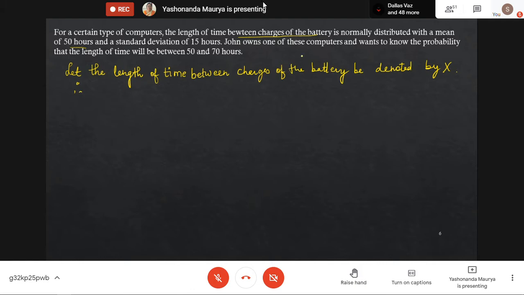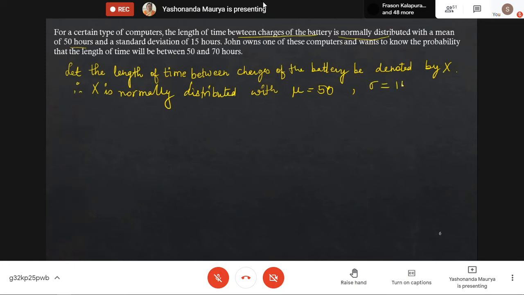Then what do we know about this? This is normally distributed. Then x is normally distributed with mean equal to 50 and standard deviation 15.